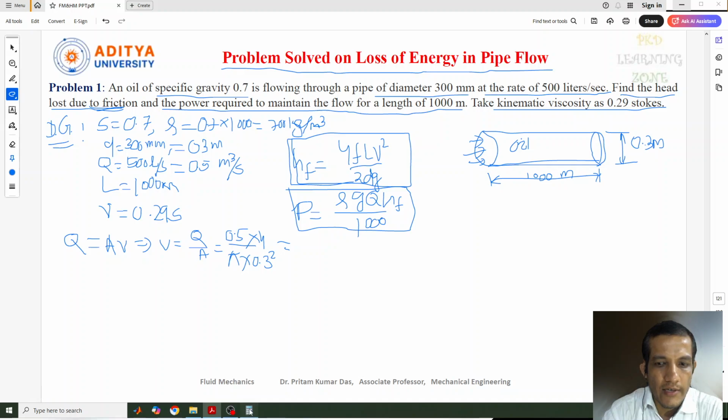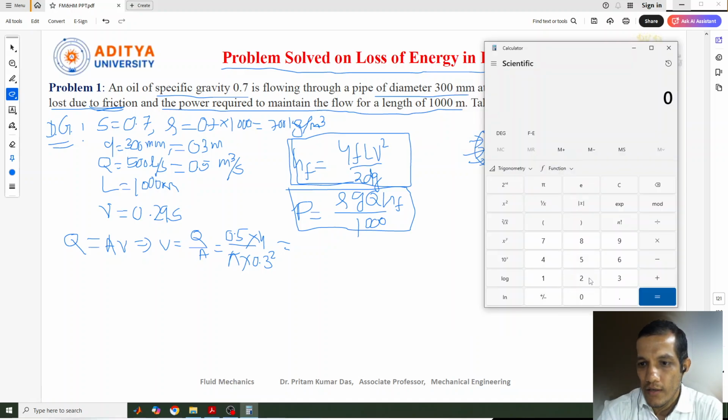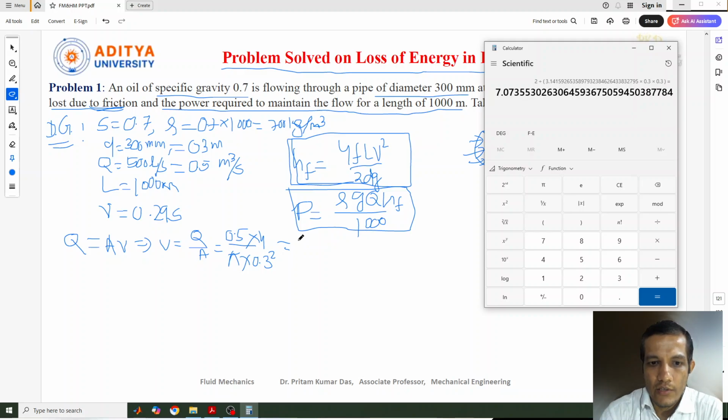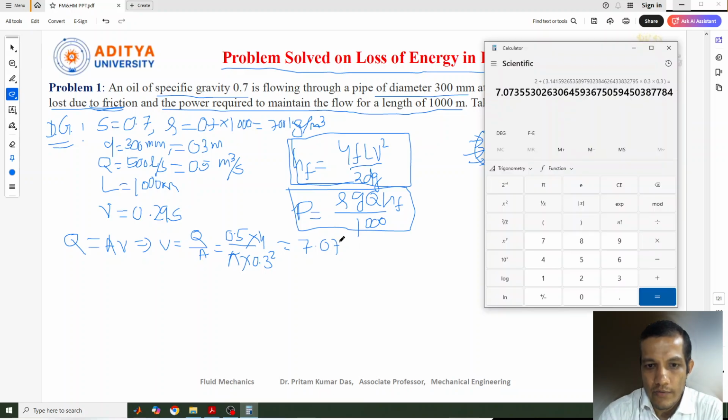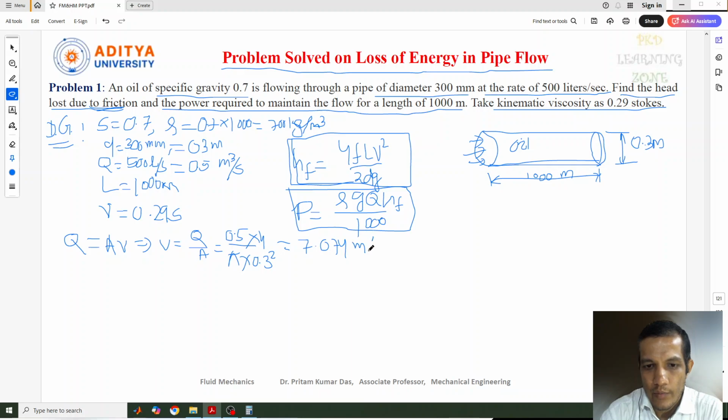And for this, let's take the help of the calculator. So 0.5 into 4 divided by bracket start, pi into 0.3 into 0.3, bracket close. So 7.074, let's write meter per second.